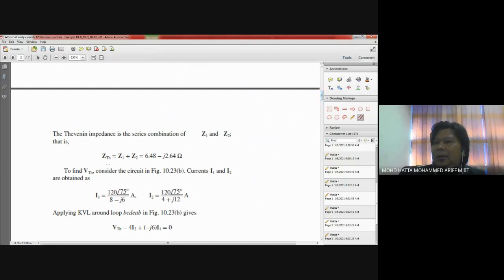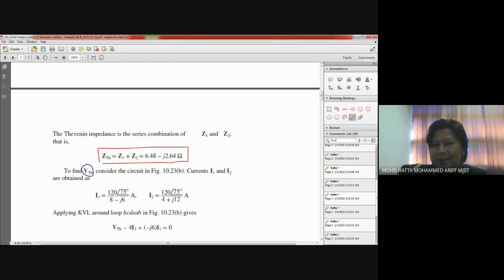Okay. Right. Now we're done with our ZTH. The next one is to find out what is our VTH. Maybe I should change this one into a blue color. Now we try to find out what is our VTH.